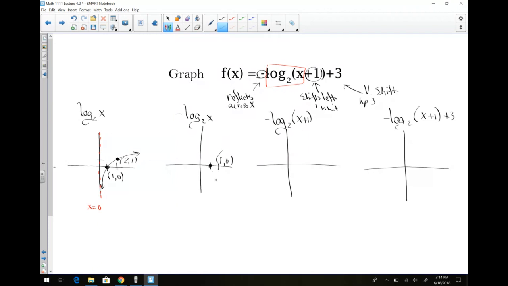So I've got 2 and then negative 1. And I still have to draw my asymptote, and notice that this is x equals 0, which doesn't have anything to do with the y's, so it remains the same. Okay, so the way you want to draw this is that everything's changed now.